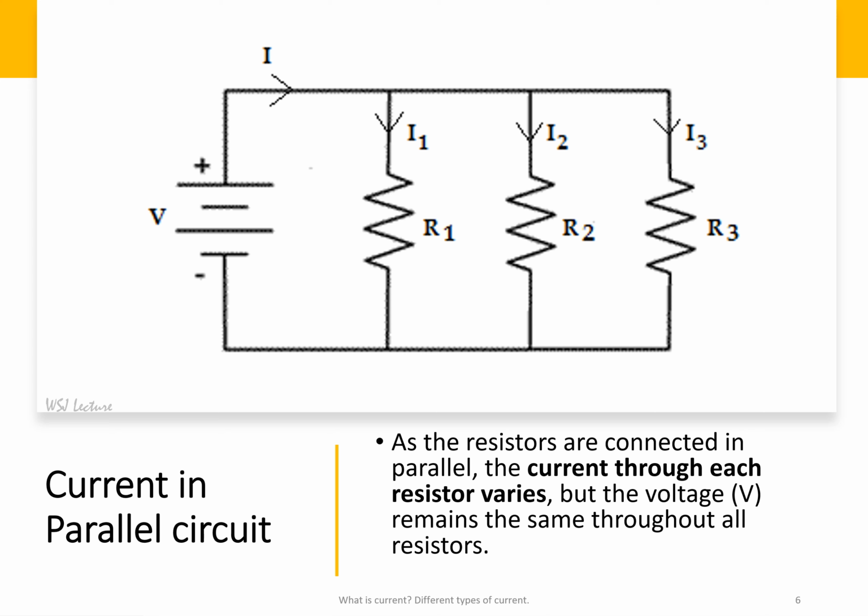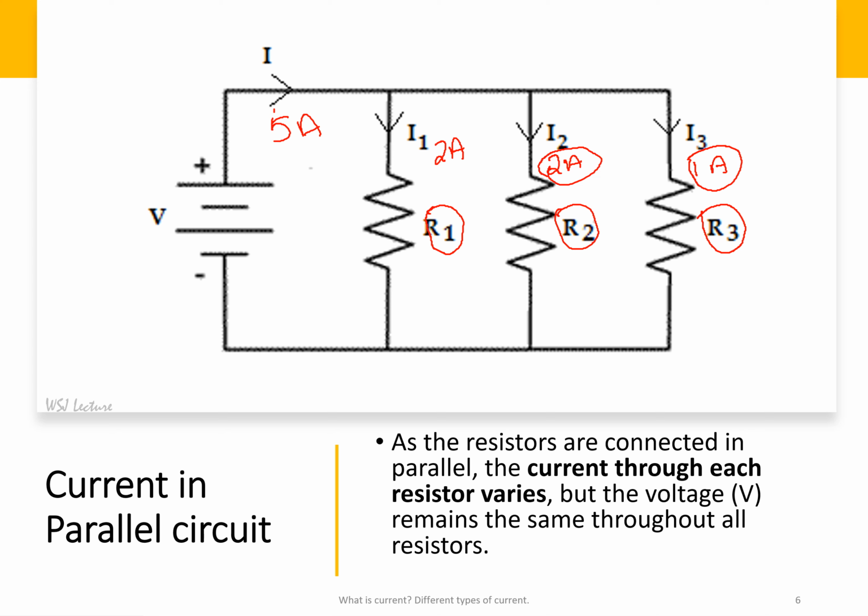Say for example, if the total current in this circuit is 5 amps, the current across the first branch may be 2 amps, the current across the second branch may be 2 amps, and the current across the third branch may be 1 amp. This branch current depends on the resistance offered by these resistors. So depending on the value of the resistor, the branch current will also vary.